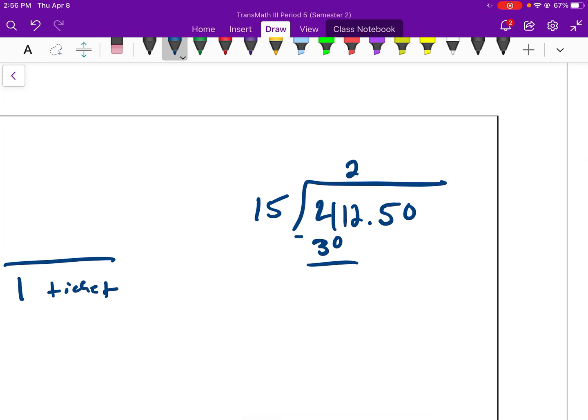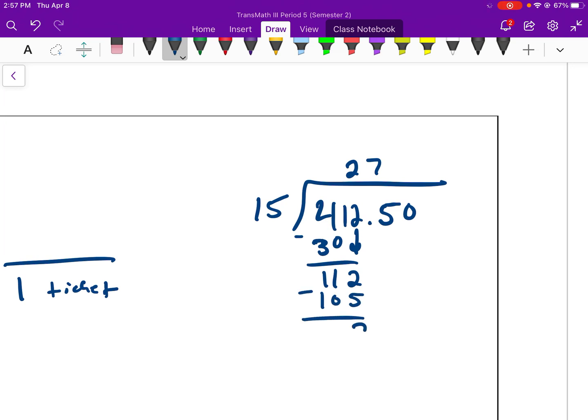Subtract that, we're going to get 11. Bring down that 2. 15 goes into 112 7 times. So 7 times 15, 15 times 7 is 105.